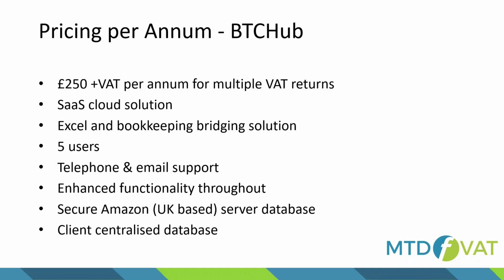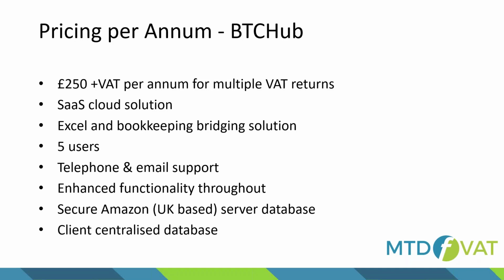Now we'll also take a look at the pricing for BTCHub. So if you've looked at the software today and realized that MTDfVAT is not what you need, it's a smaller solution based for small businesses and individuals. The pricing for BTCHub is £250 plus VAT per annum, and that will give you multiple VAT returns, the software as a service cloud solution, both the Excel and bridging solution, 5 users.